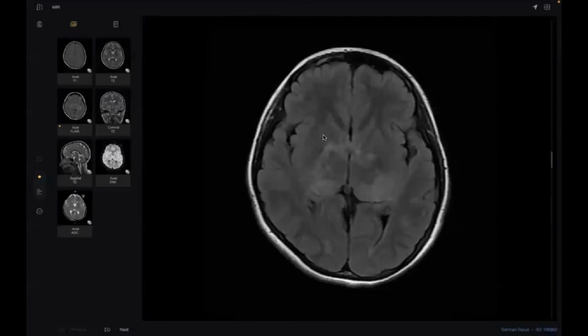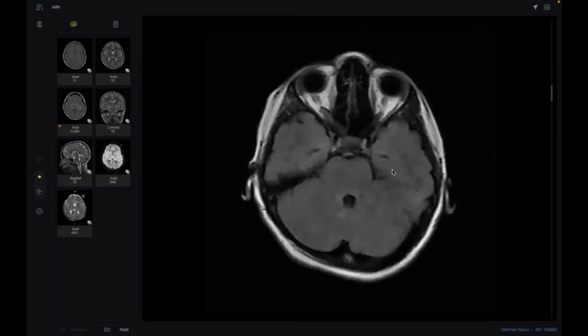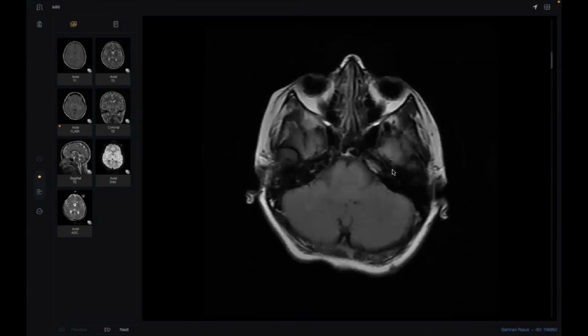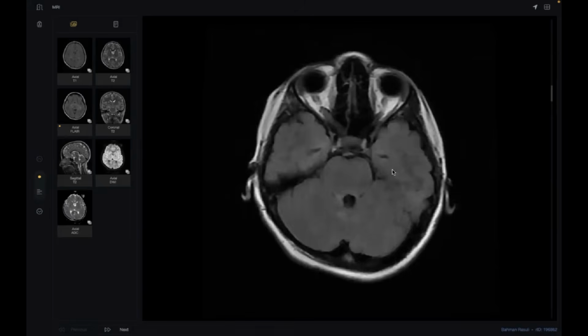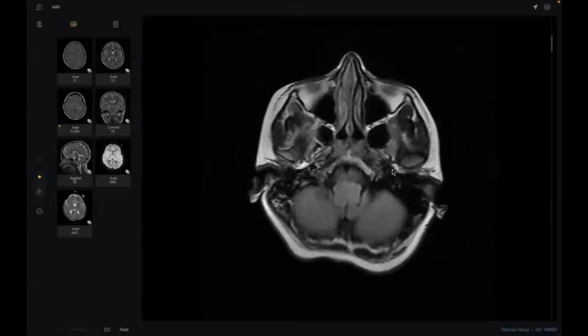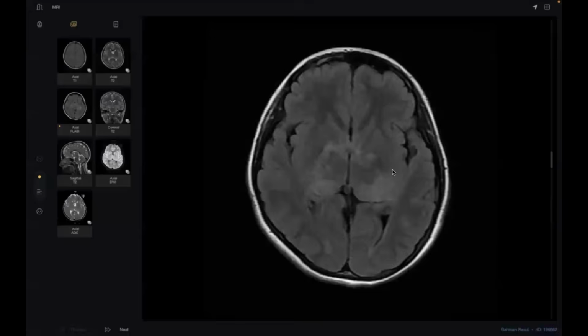Until here, it looks like encephalitis, something vague, metabolic, but search for any helping sign. All these abnormal signals may mean anything, metabolic, encephalitis.